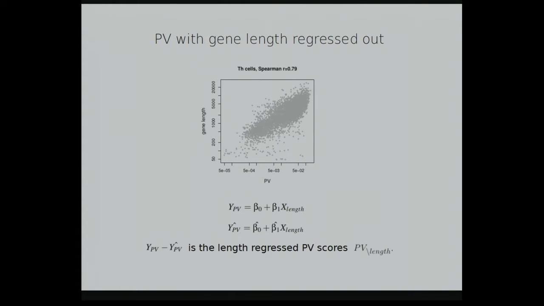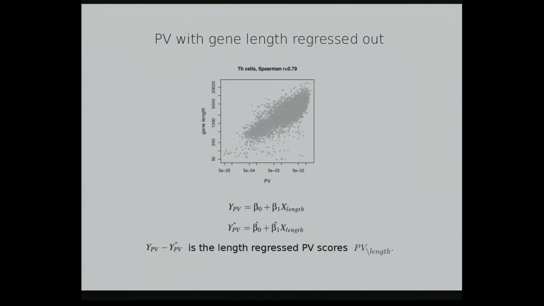We see here there is still an obvious positive correlation between the PV and the gene length. This biologically makes sense because we know that long genes do have higher potential to be alternatively spliced and to have higher variation.